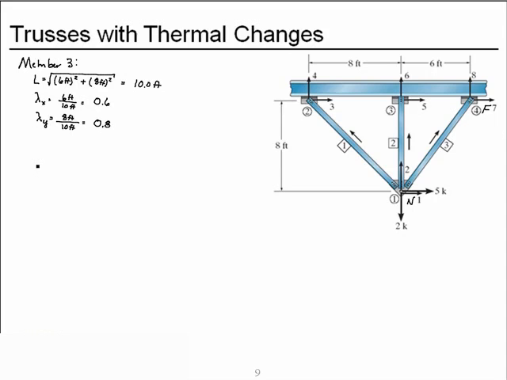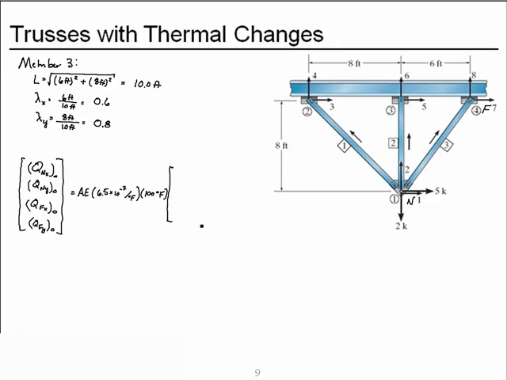And so our fixed end forces near x, near y, far x, far y, will be calculated by AE alpha, which is the thermal coefficient per degrees Fahrenheit, times the change in temperature, times the directional cosines.